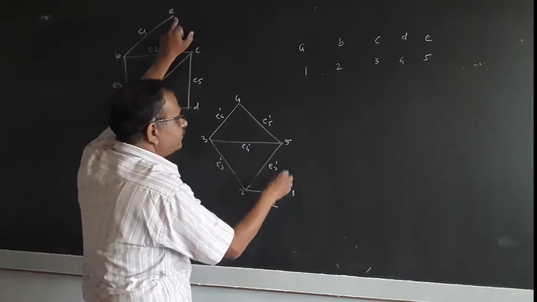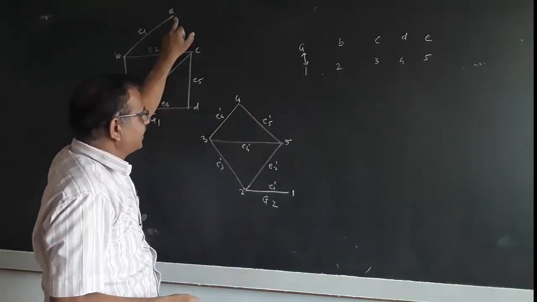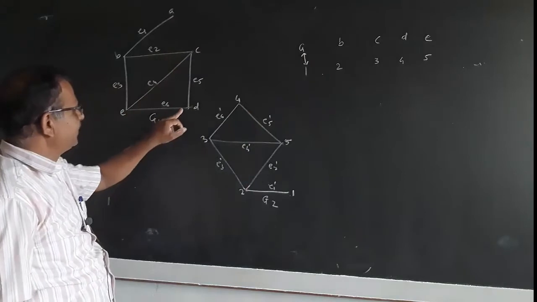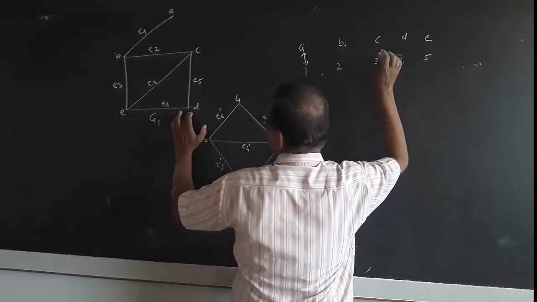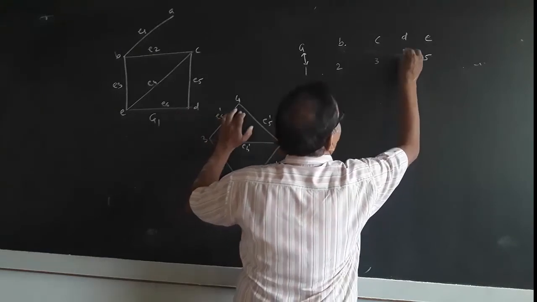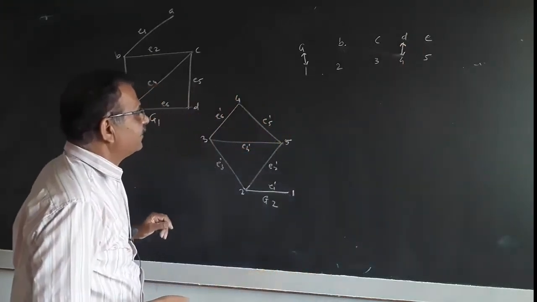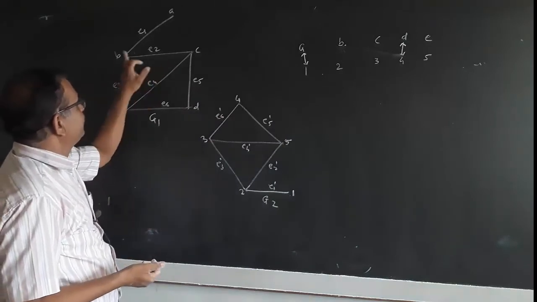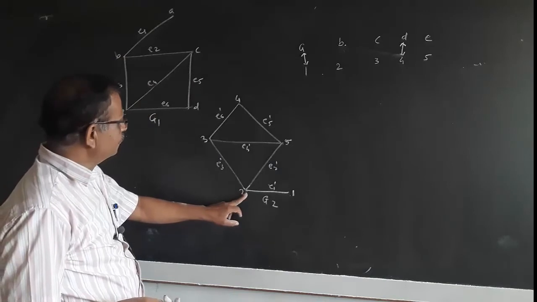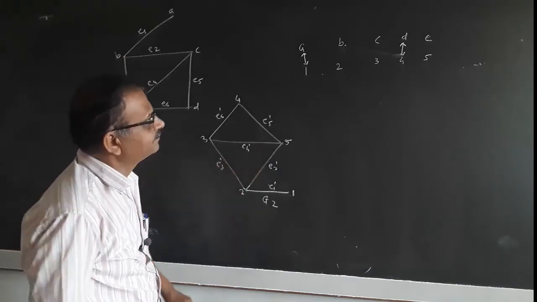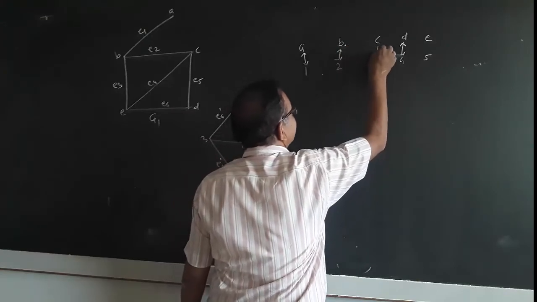Therefore, A must correspond to vertex 1. There is a vertex D of degree 2, the only vertex of degree 2, and vertex 4 has degree 2. Therefore, D to 4. Now, there are 3 vertices of degree 3, B, C and E, and here also 2, 3 and 5. Therefore, we shall keep the correspondence like this.